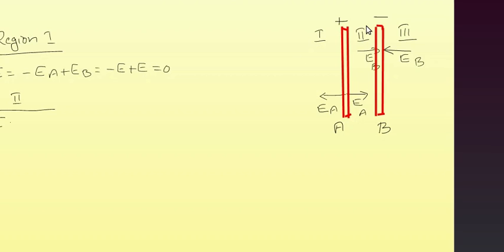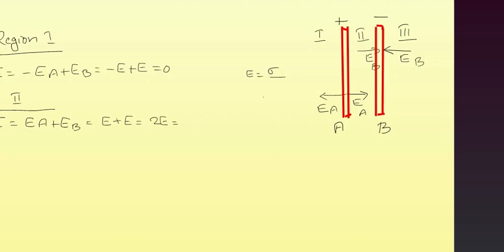Then in the region 2, what is the total field? In the region 2, field due to the sheet A is towards right, and that due to B is also towards right. So towards right is taken as positive, therefore E plus E is equal to 2E.